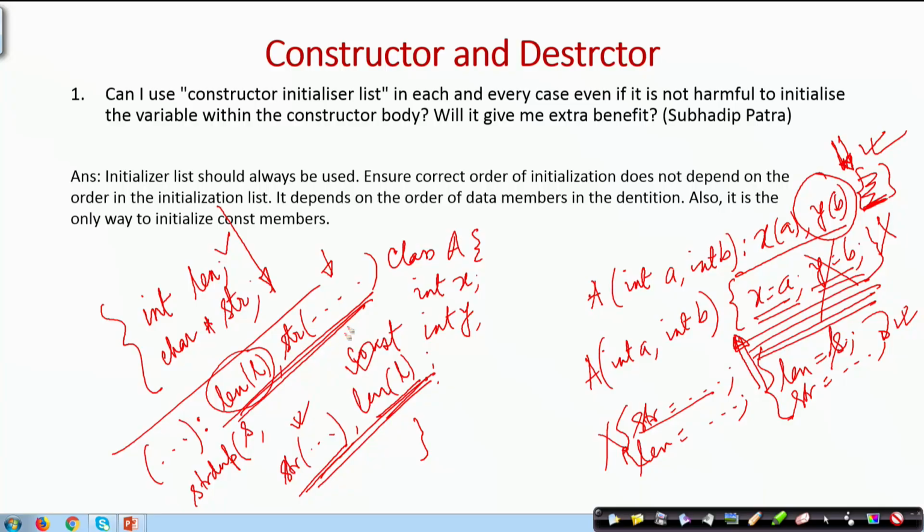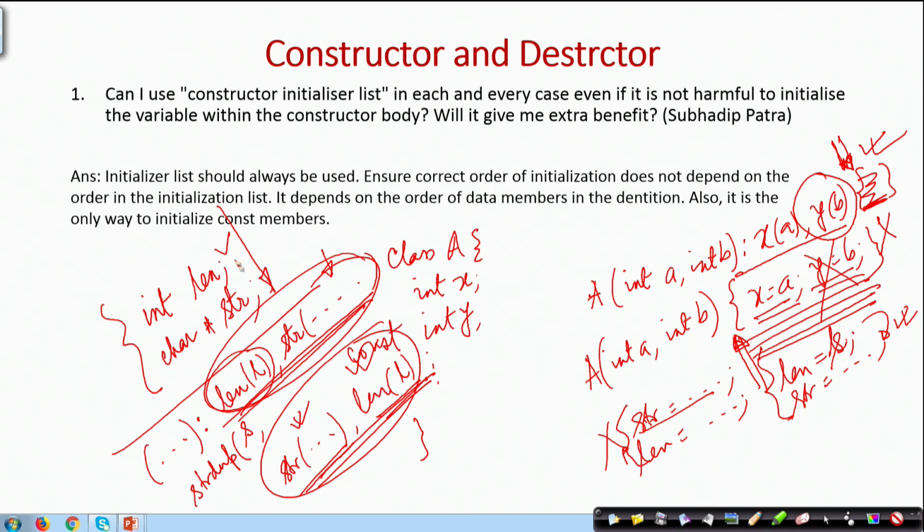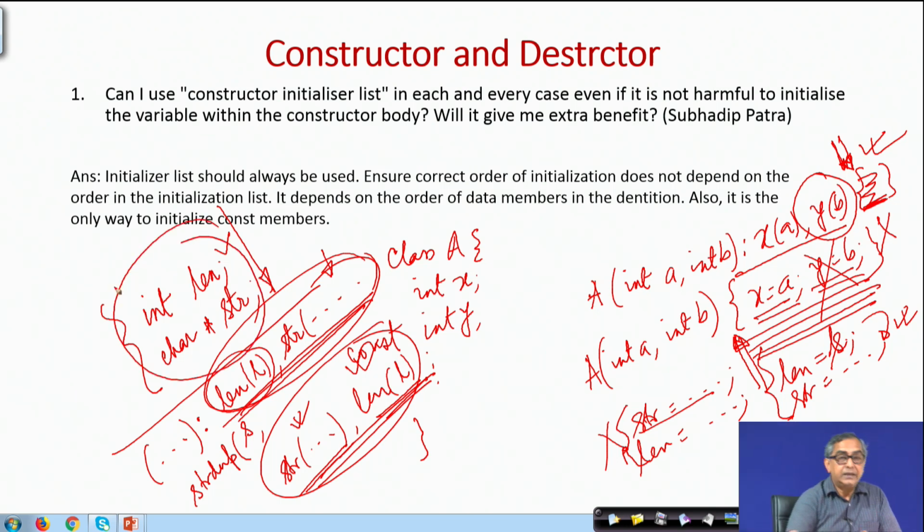But if you strictly use the initialization list, then it would not matter, because if the original designer has set the order in the right manner in which they must be filled up, then in the initialization list you have the freedom of writing them in any way whatsoever, and the compiler will set the right order. But if you do that with assignments, it matters what you have actually written. So, you are very likely to have errors.